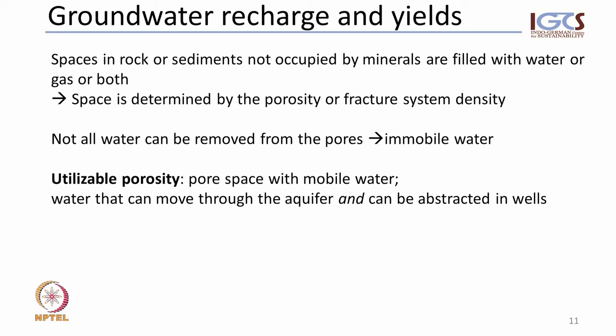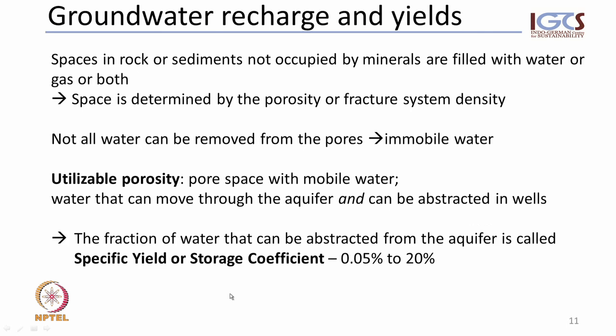For that reason, we are not looking at the overall porosity of a rock or an aquifer. We are looking at the utilizable porosity, which is the pore space occupied by mobile water. That is water that can move through the aquifer, and it is water that can be abstracted in a well. This is what is relevant to us from a water management perspective.